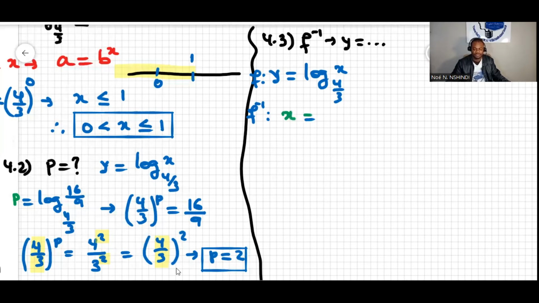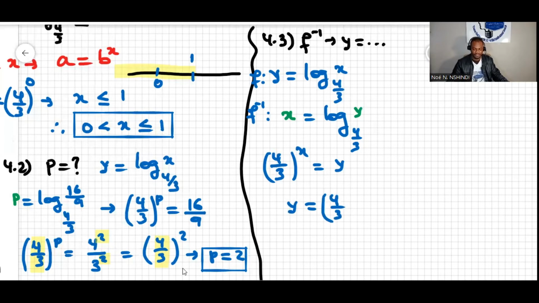So it's going to be x equal to log of y base 4/3. Now we're going to make y the subject of the formula. So this will be 4/3 to the power of x equal to y. Now we can just write y equal to 4/3 to the power of x.